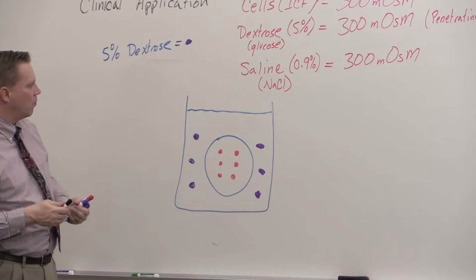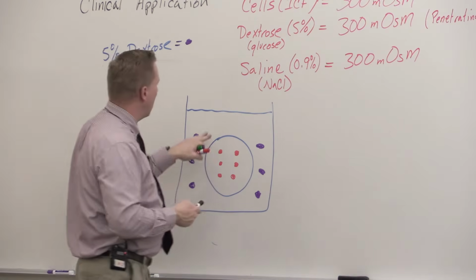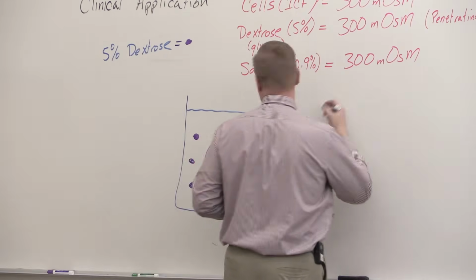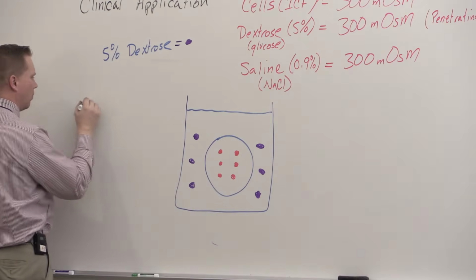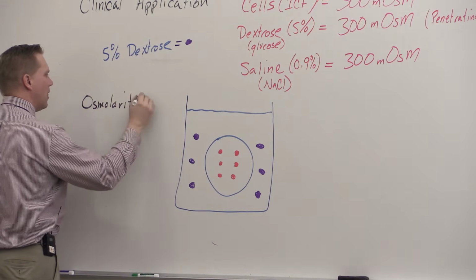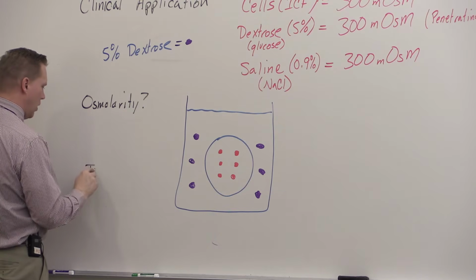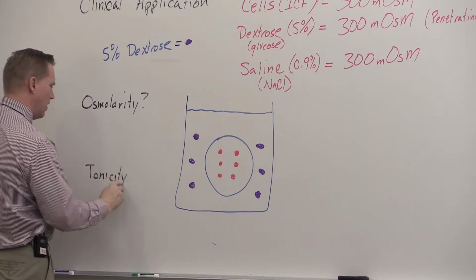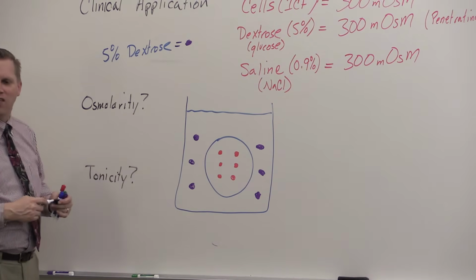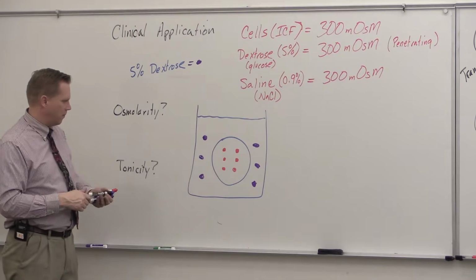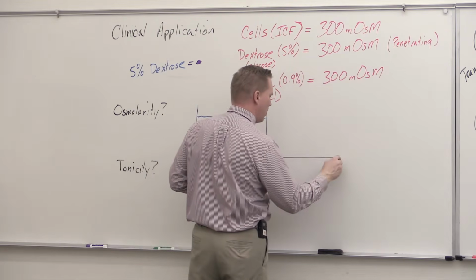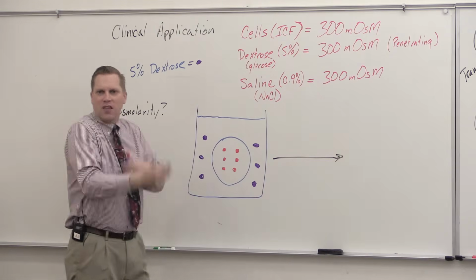Now, the first question is, what is the osmolarity of that solution? And then we want to know and understand what is the tonicity, or what's the effect on the cell of that solution. Now, to do that, we bathe that cell in that solution, and then something's going to happen.